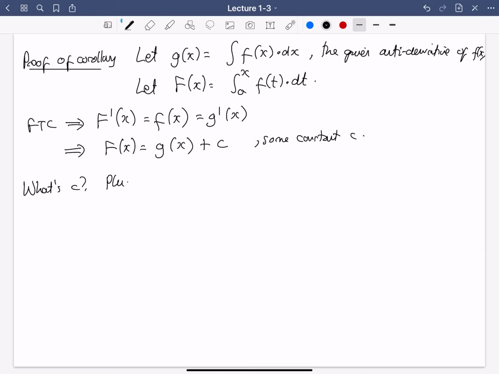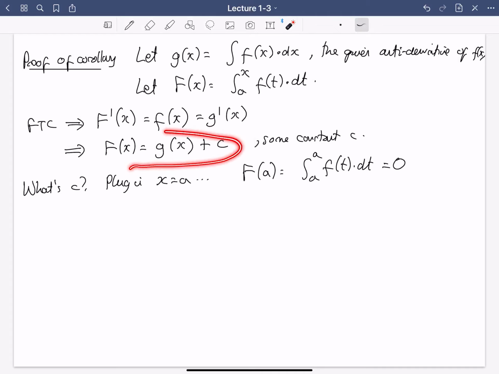Well, to do that, I'm going to plug in x equals a. What's big F of a? That's the area under the graph between a and a, which is, of course, 0. Looking at this equation, plugging in x equals a, the left-hand side, F of a, is 0.